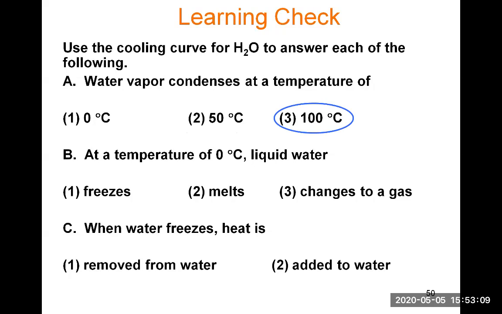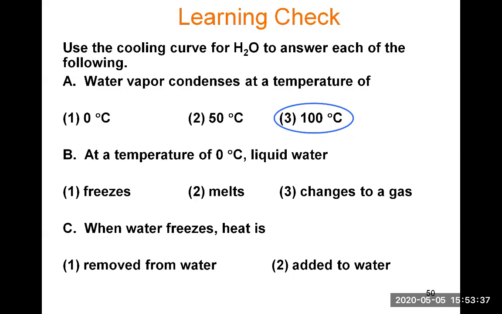And even though we tend to call this the boiling point, it's also the condensation point. And so water vapor will condense at 100 degrees Celsius, which is the boiling point of water. At a temperature of 0 degrees Celsius, liquid water, what does it do? Freezes, melts, or changes to a gas?